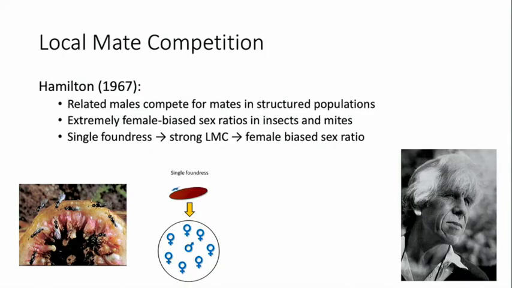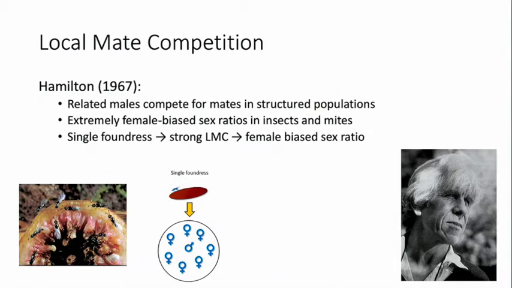Well, the answer is given by local mate competition theory. That was thought of by Hamilton when he saw extremely female-biased sex ratios in insects and mites. Basically, this happens when related males compete for mates in a structured population.